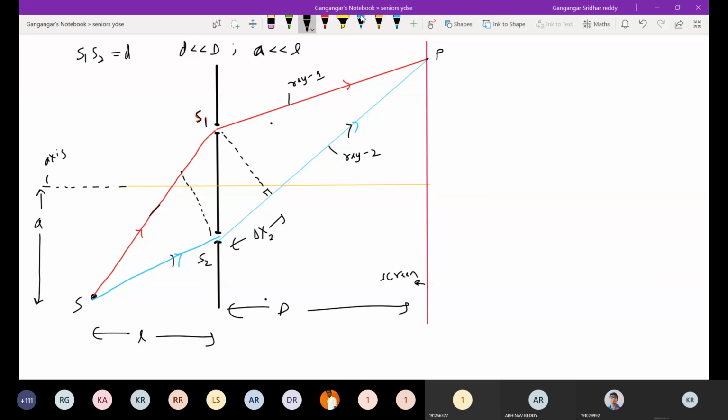These two lines need not be parallel. Let me draw a line. Dotted line is not possible, I'll go for one color line itself.